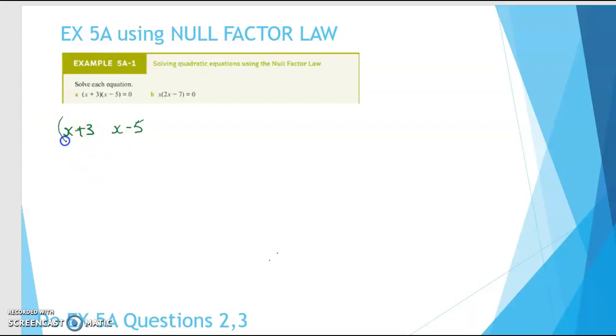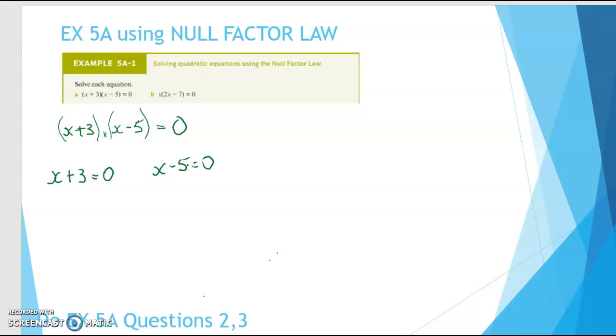Remember, we place them in brackets because all of that needs to be multiplied by the other one. And of course, we set them equal to 0 so we can find the x-intercepts. What we're saying is one of these must equal 0. So we'll let either x plus 3 equal 0 or x minus 5 equal 0.